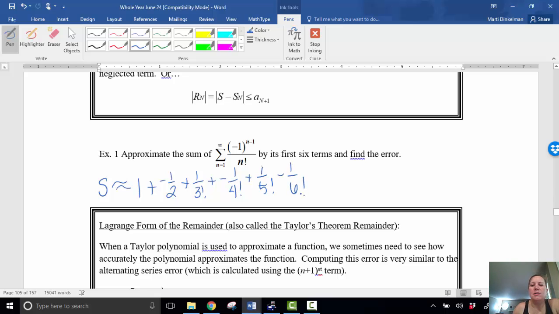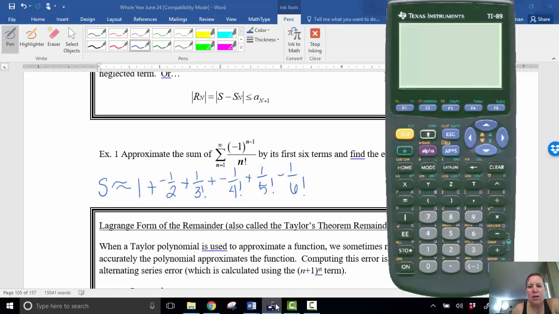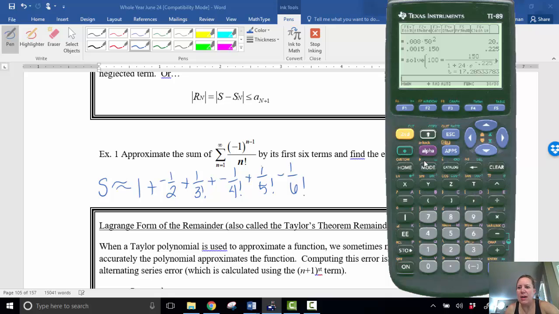Okay. So if I wanted to calculate that on my calculator, here's the quick thing I wanted to show you: diamond divide, even though it doesn't look like there's anything above there, gets me the factorial. It's like a secret menu. So let's just quickly see what this is. So 1 plus a half minus, nope, 1 minus a half.